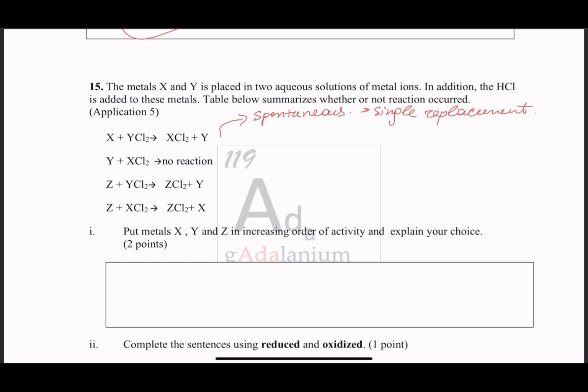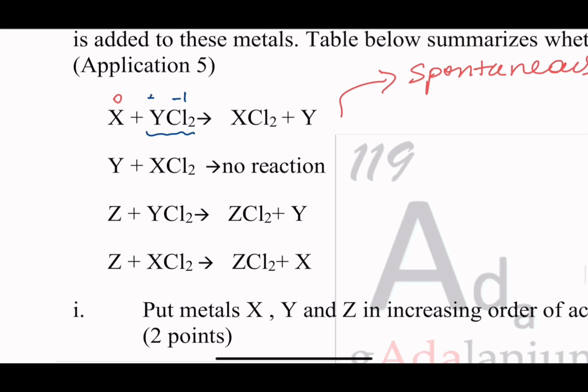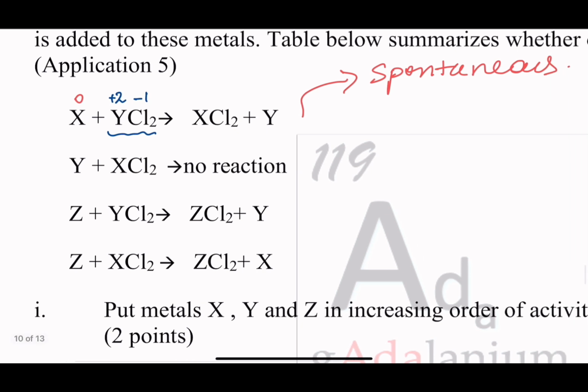Okay, so over here, if we want to find the charges, we know that x by itself is going to be 0. Okay, and then y, because chlorine is -1, this whole thing is going to add up to 0. Y has got to be +2. We have done this calculation many times, so I'm not going to do it over here.